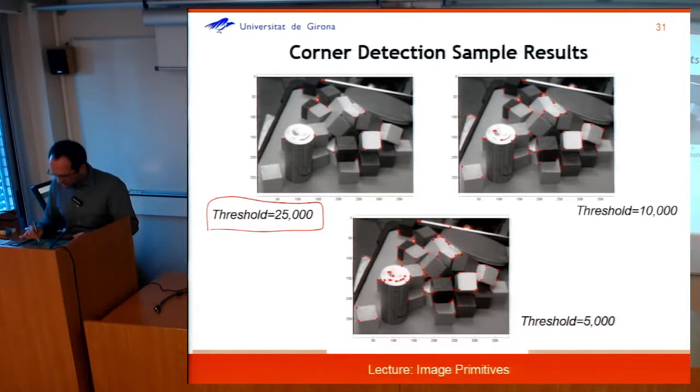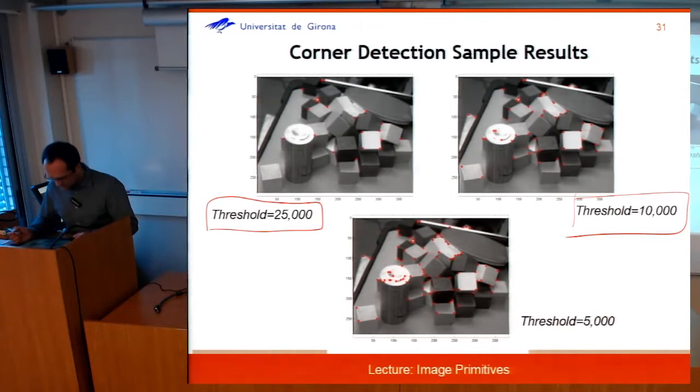If I set a threshold of 10,000, look, some more points start to appear. Look at this point here. It was not detected there, and it's detected here. Same for this other one.